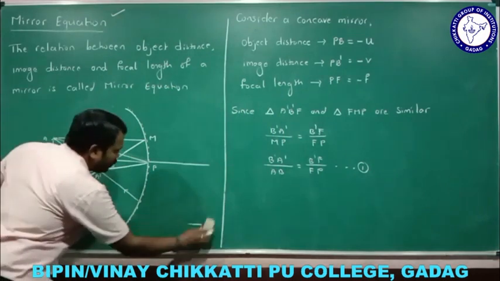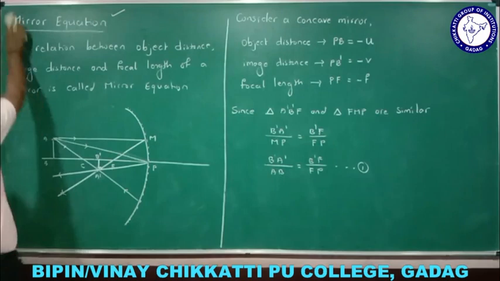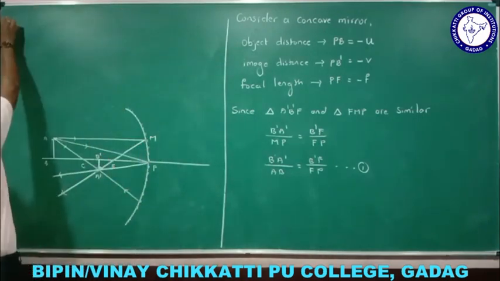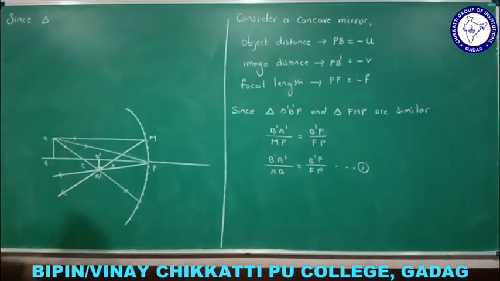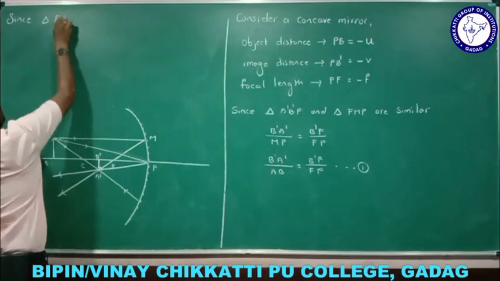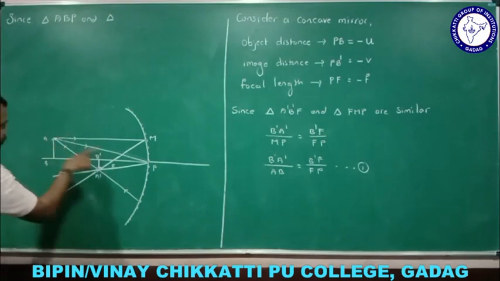Now let me take the other two triangles. Similarly, let me take another two triangles. Let me take a bigger triangle over here, triangle ABP. This is the triangle.